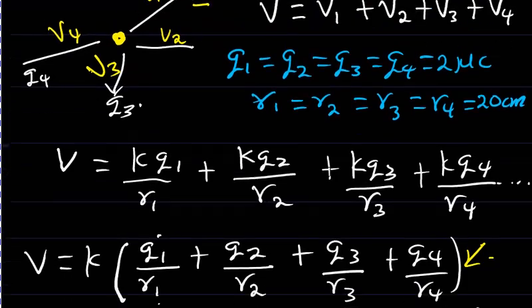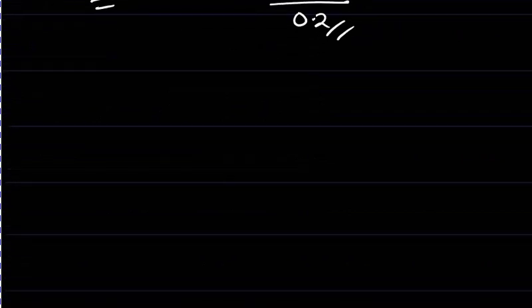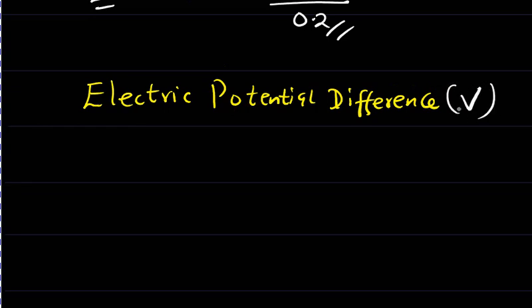We are going to solve questions on this, but let's proceed. This time around, let's look at what is known as electric potential difference. In most cases we still use V to represent that.